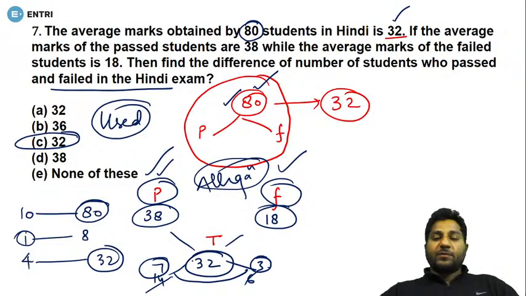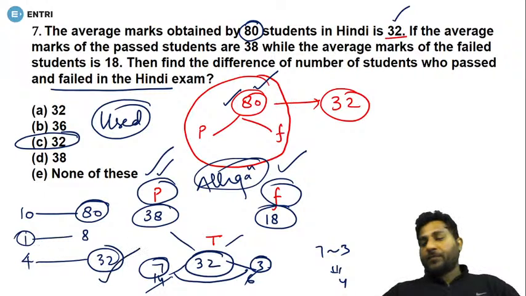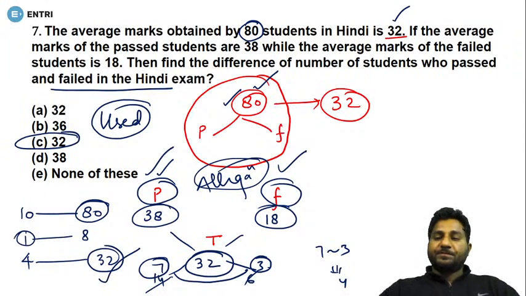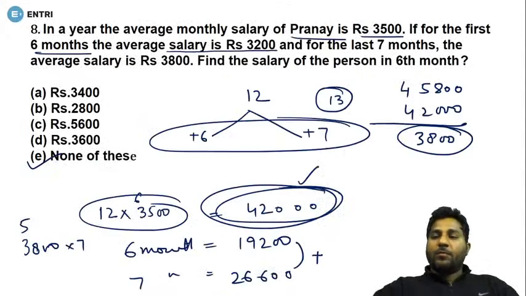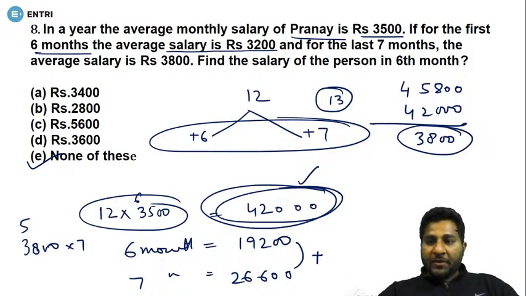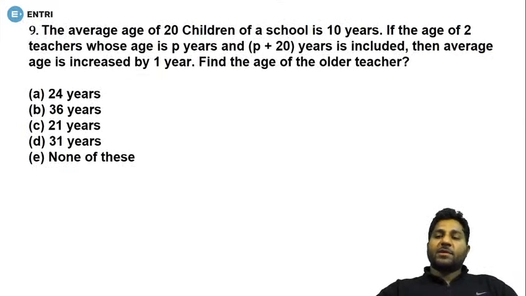So the difference will be 7 minus 3, equal to 4. So 4 equals 32. Did you get it? I hope all of you have given me the answer correctly. Yes, Rani, absolutely.